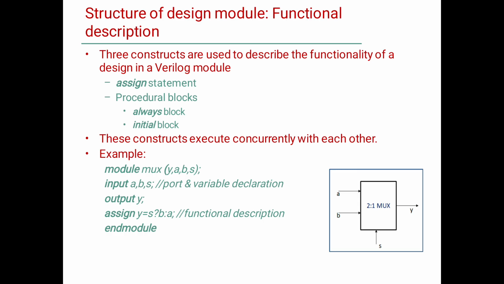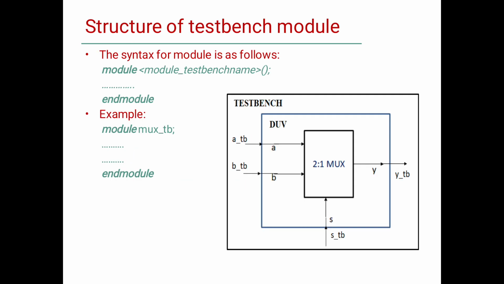The question mark is an operator, and B and A are operands. So the question mark is a conditional operator, followed by endmodule. Thus Y equals S question mark B colon A comes under the data flow modeling style. S is the selection line, and the question mark is the syntax we have to use for the conditional operator.